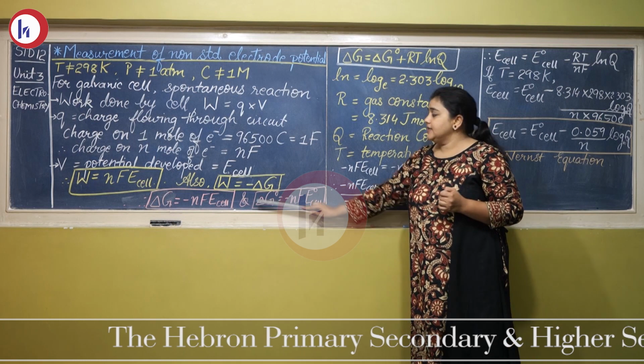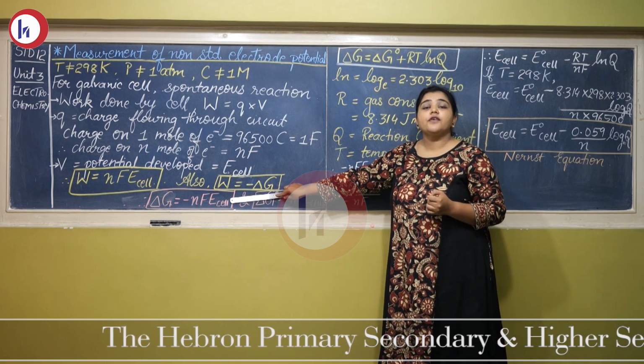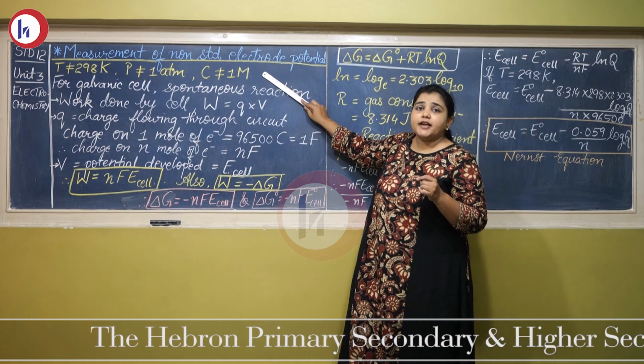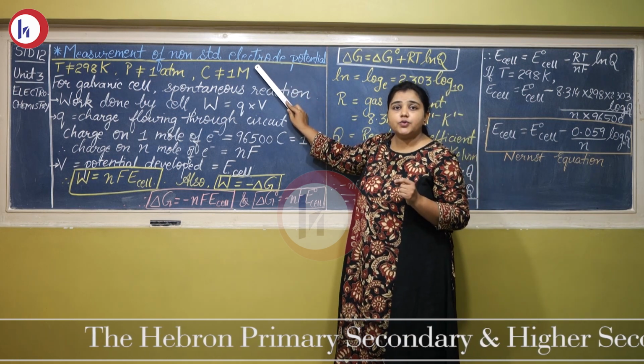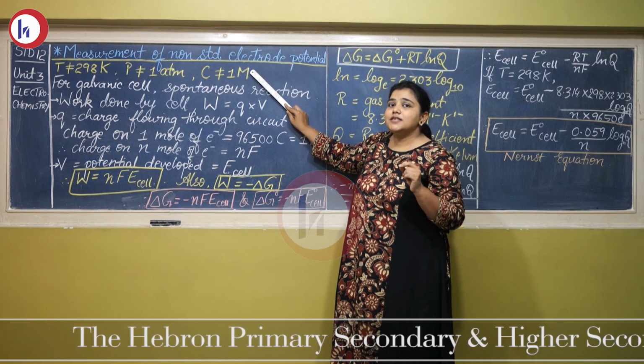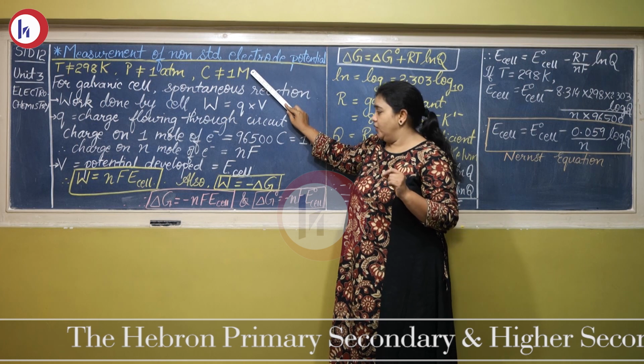This is the equation in terms of non-standard conditions. Once again, I am reminding you, non-standard conditions means temperature not equal to 298 Kelvin, pressure not equal to 1 atmosphere, concentration not equal to 1 molar.